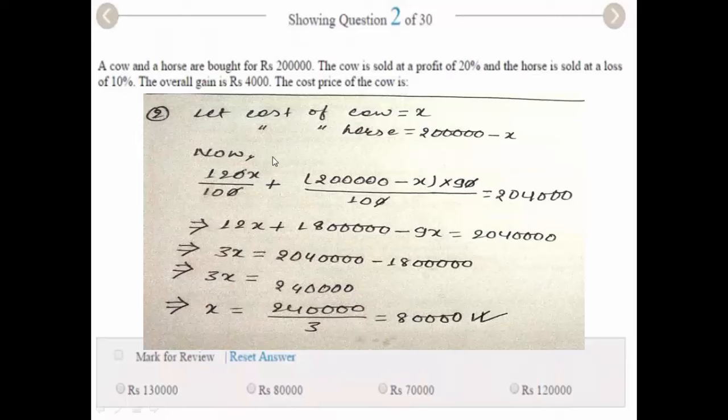Now the overall profit: 120 into x by 100 plus 2 lakhs minus x by 100 into 90, because of the 10% loss, equals the total sold, since he gained 4,000, so 2 lakhs plus 4,000. We can calculate that expression and found x equals 8,000. It is the price of the cow.